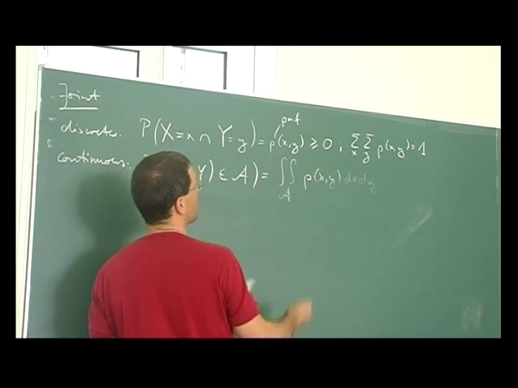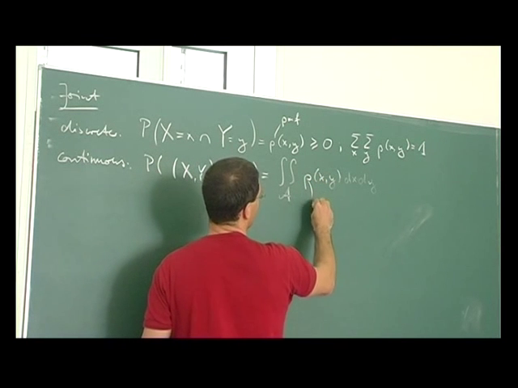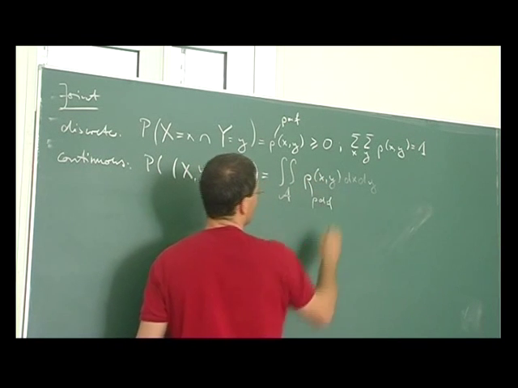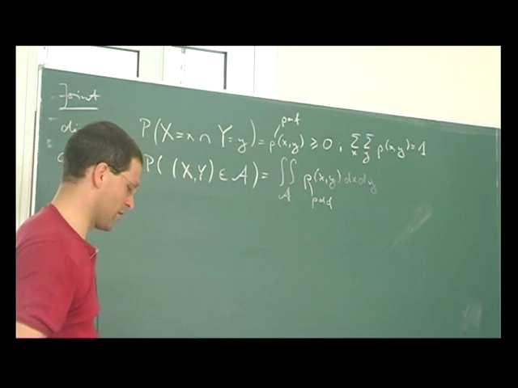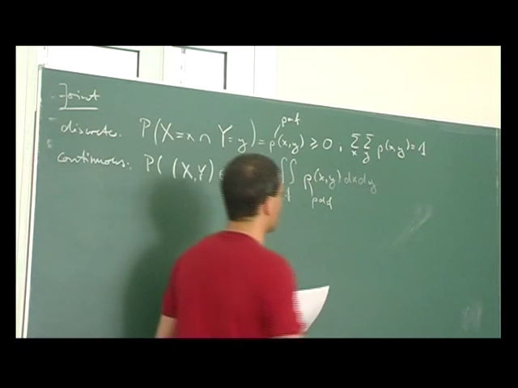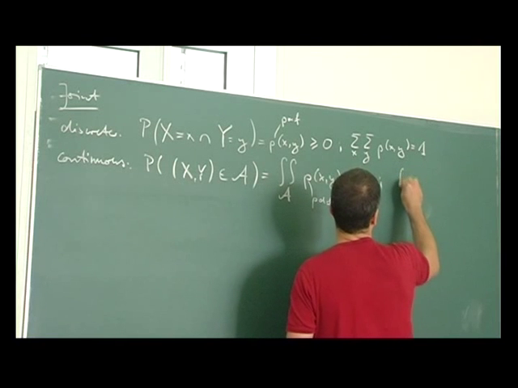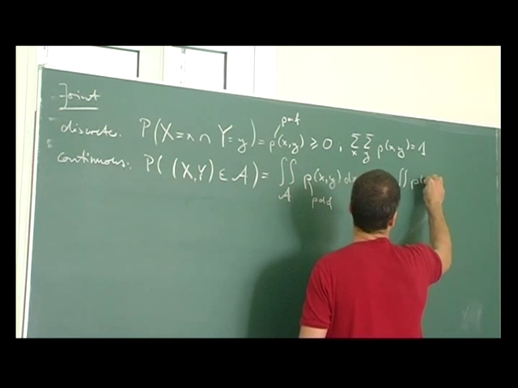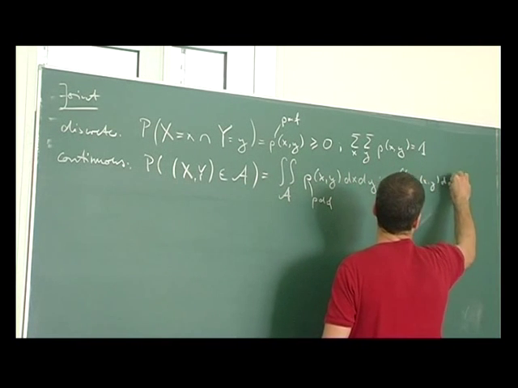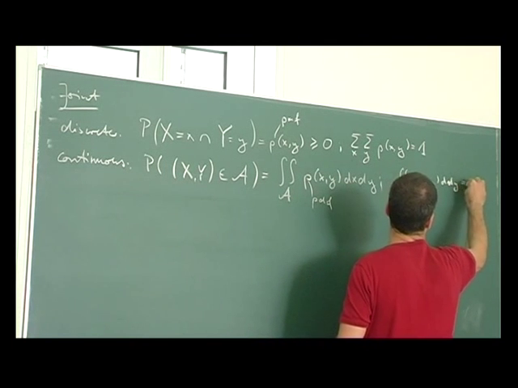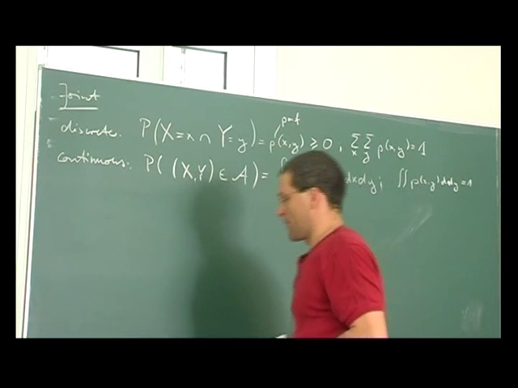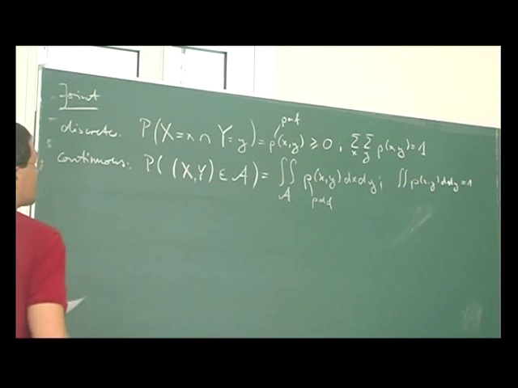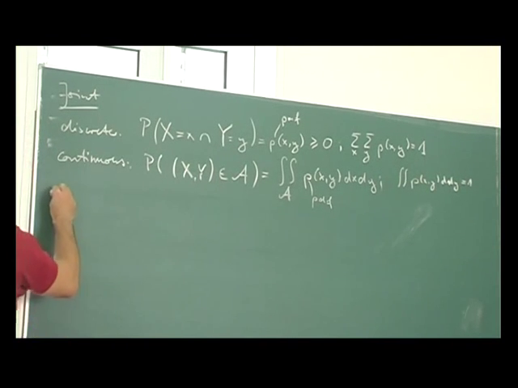I've used a small p again, but this time it's not a probability mass function, but a probability density function, because we're looking at a continuous random variable here. And again, we require normalization. It must integrate to 1. Okay, so this was the joint.